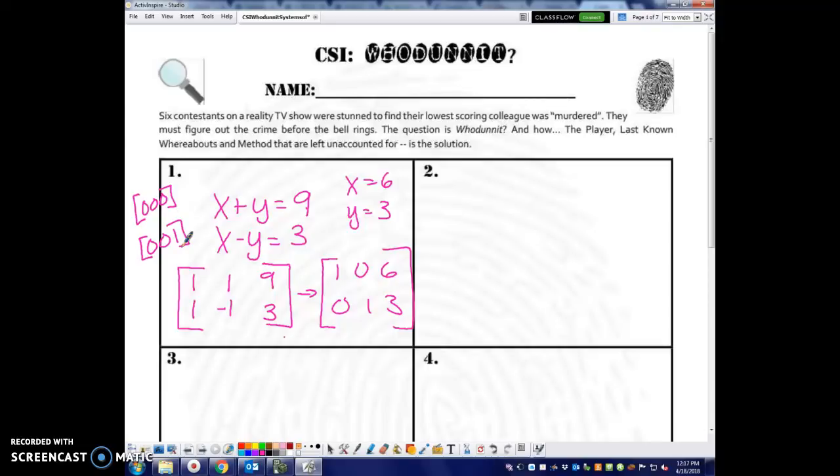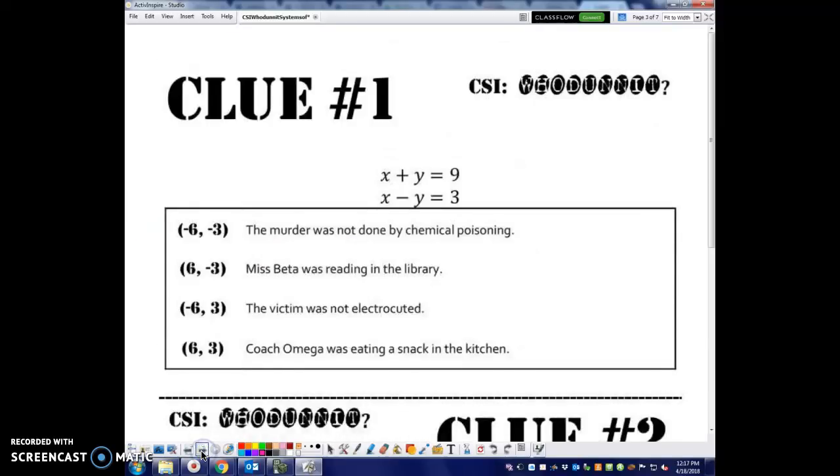Okay? Remember that. 0, 0, 0, infinite solution. 0, 0, 1, no solution. Okay, so let's figure out which one. It said x was 6 and y was 3. So which one says x is 6 and y is 3? This one. Coach Omega was eating a snack in the kitchen.